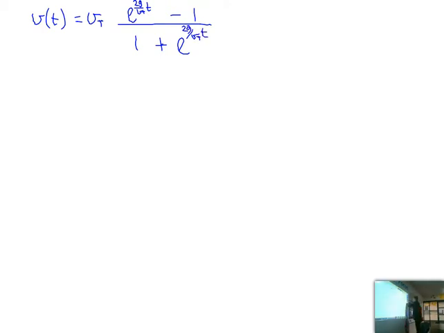Now, first off, have a look at our exponential. In the exponent, you've got this factor of 2 there. So the first step is to use an index law.